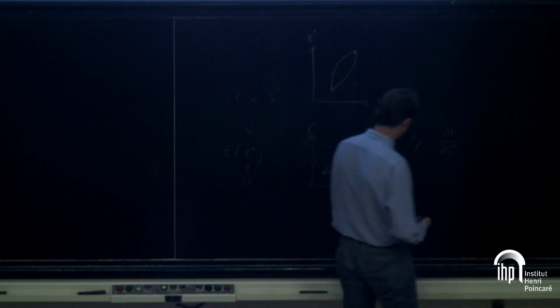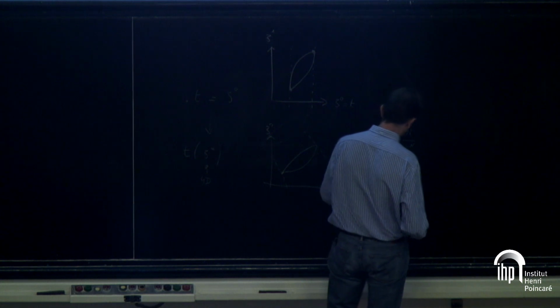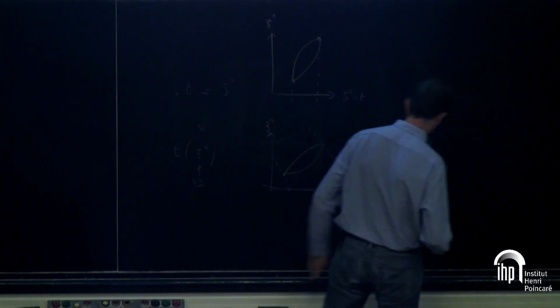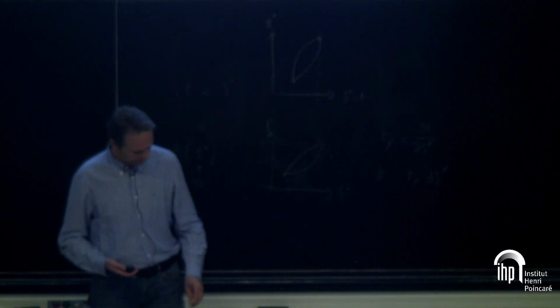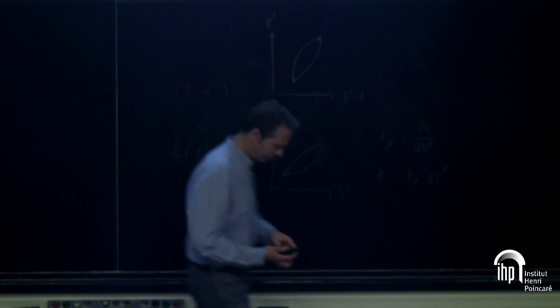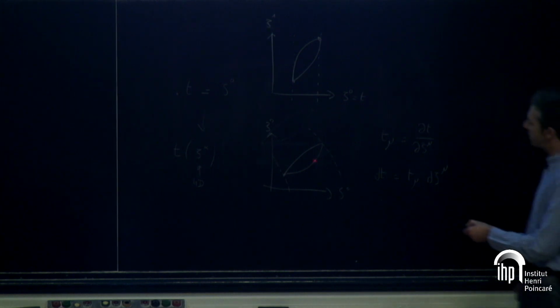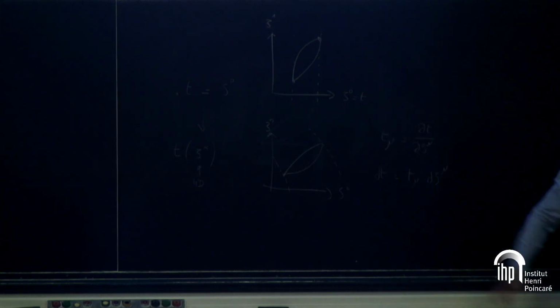So dt is T_mu dx^mu. Okay. So that's the first relationship, but the important thing is that time exists, right? It's a field. It's one of the background fields.